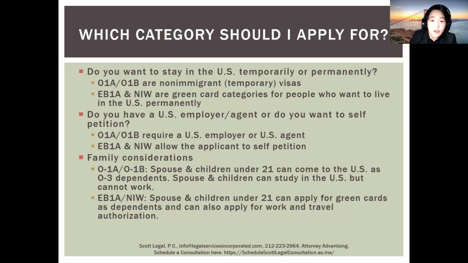Although you do need a proposed endeavor, in the EB-1A context, you do need to submit a signed statement describing your intent to continue working in your area of extraordinary ability. However, a formal job offer from a U.S. entity is not required, and you do not need a formal U.S. entity to become the petitioner for your case. So that can be one advantage for some people.